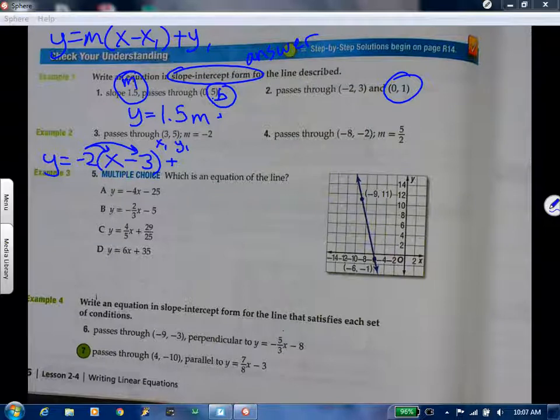Would you work that one out real quick? Once you get your slope figured out, you should be pretty much one more step and then done.